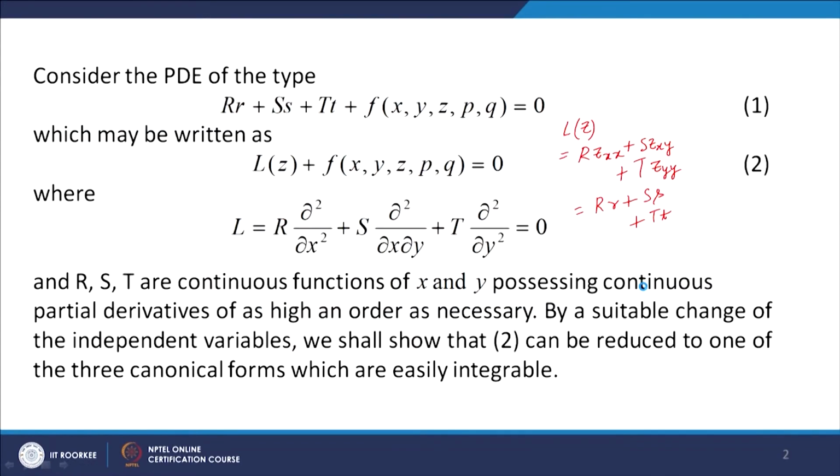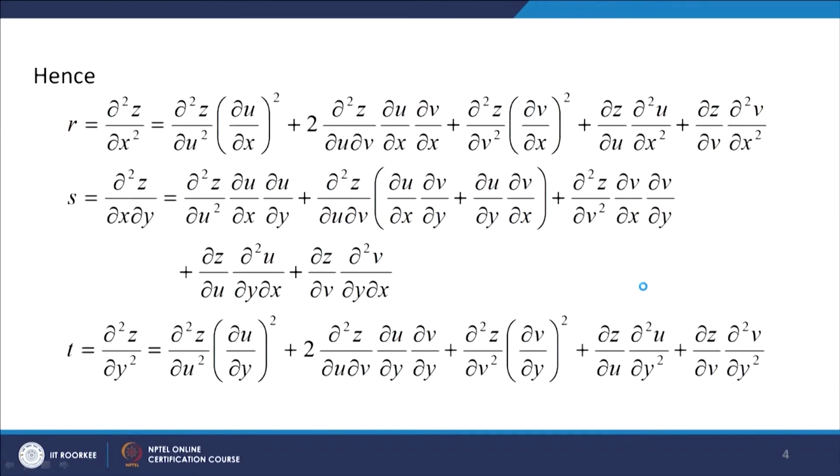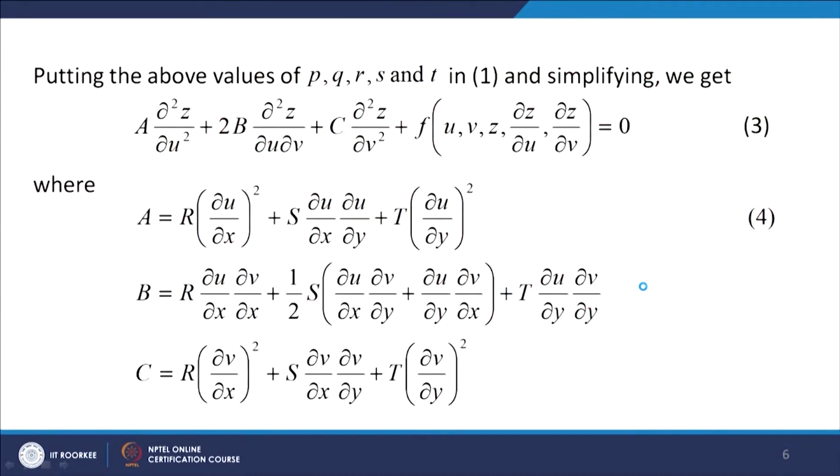And then simplifying, you will arrive at a times z_uu plus 2b times z_uv plus c times z_vv plus a function of u, v, z, z_u, z_v equal to 0.